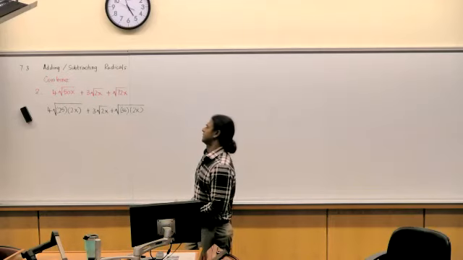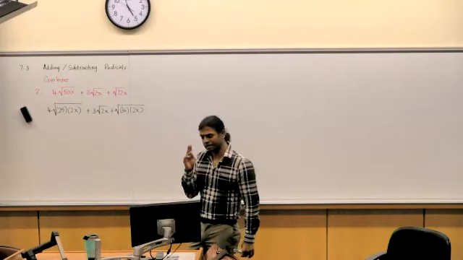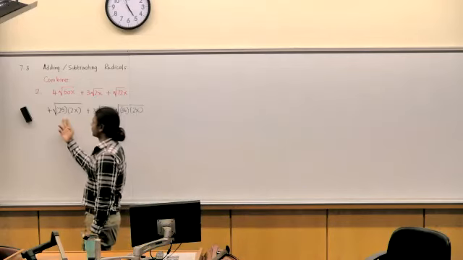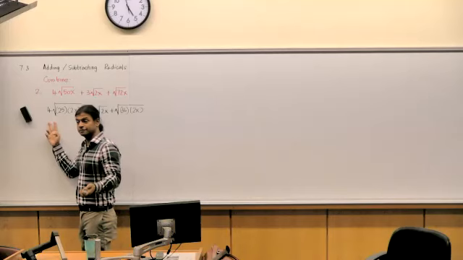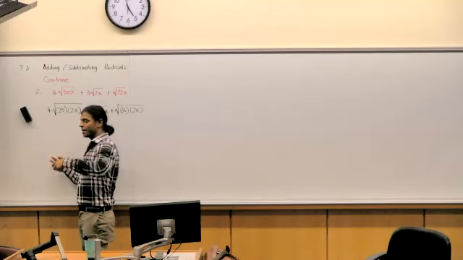Yes? We know 25 is 5 squared. 5 squared comes out of the root, it becomes, what happens to the root of the square?